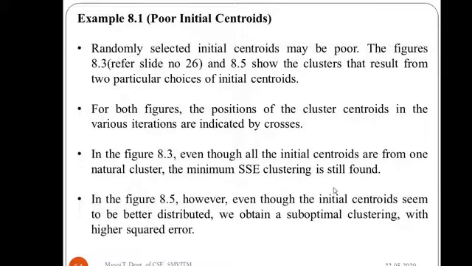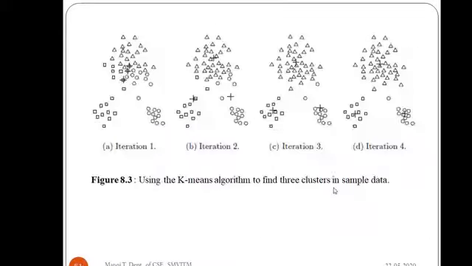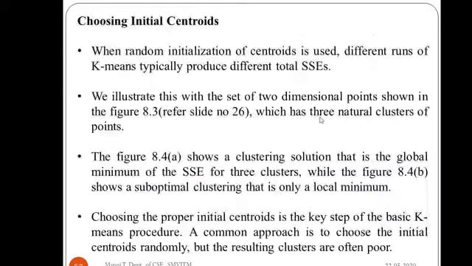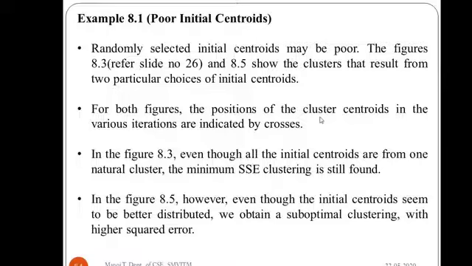Minimum SSE means minimum sum of squared error. Luckily, it has happened here. But in figure 8.5, even though the initial centroids seem to be better distributed, we obtain a suboptimal clustering with a higher squared error.